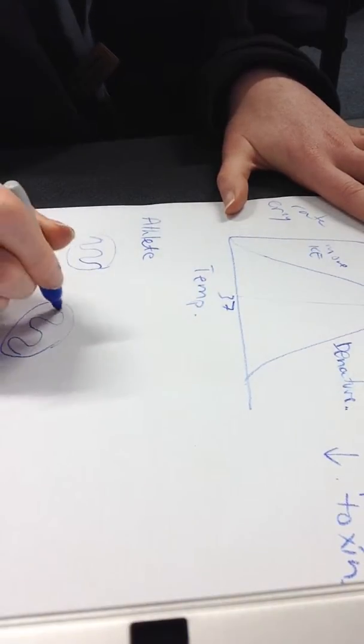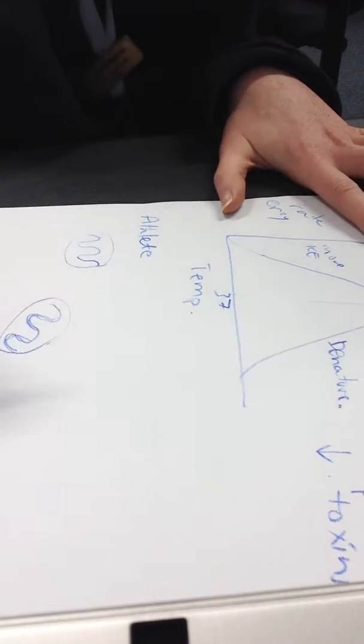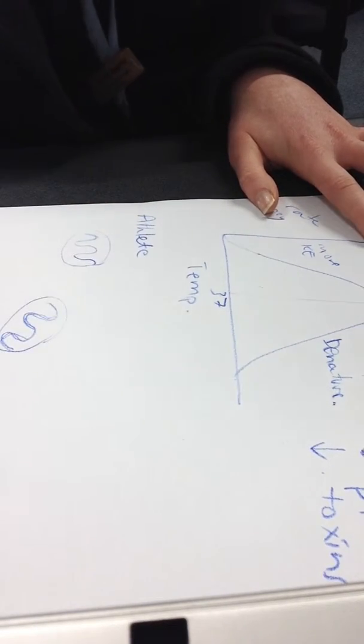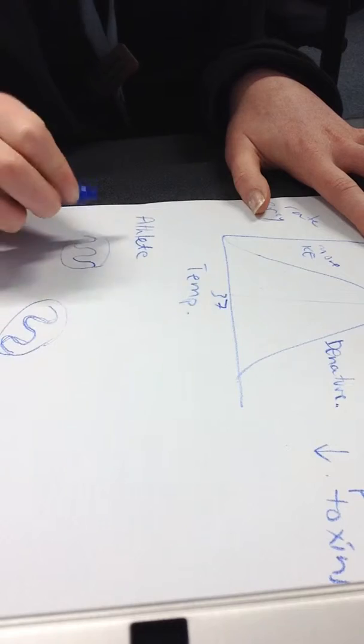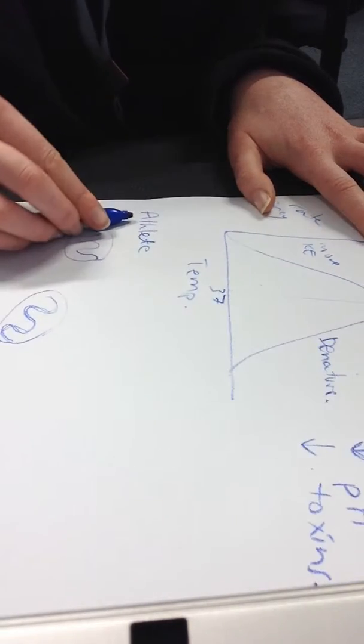If you compared it to someone that didn't do exercise, an athlete's cells would have a lot more mitochondria in them because they have a higher energy demand. Therefore, their respiration rate is faster because they've got more mitochondria, probably working faster than someone that doesn't do the exercise.